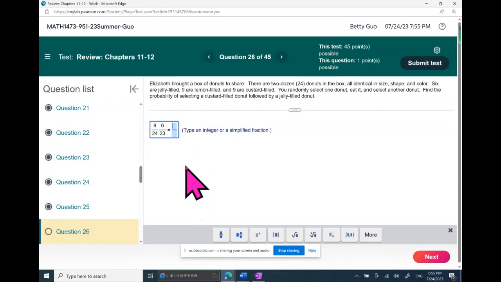That is 1, that is 4. So 9 over 92. Let me use the calculator to double check the result. 9 divided by 24 multiplied by 6 divided by 23, and convert to fraction. 9 over 92, I was right. 9 over 92.